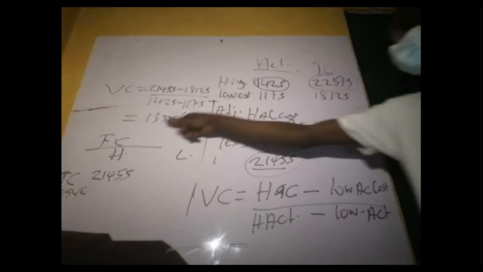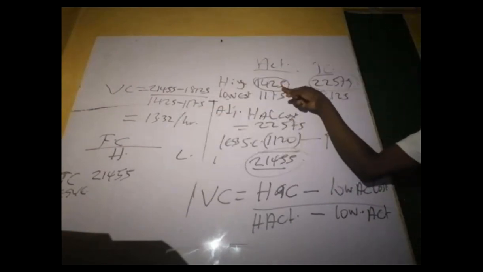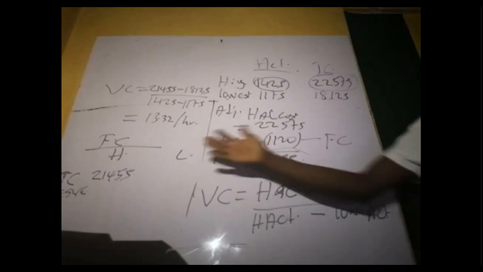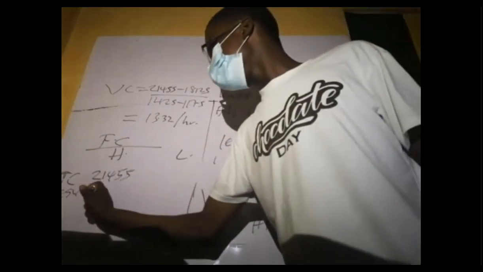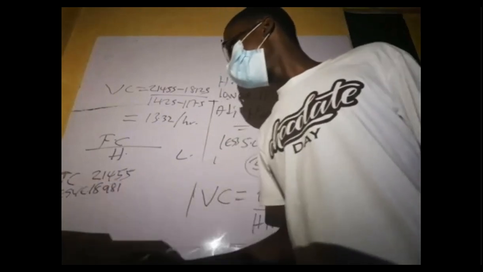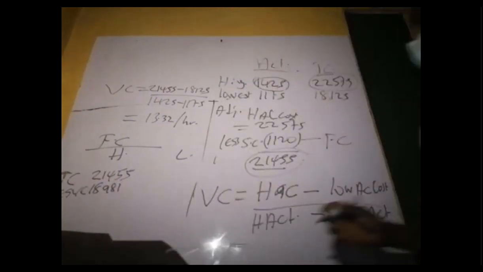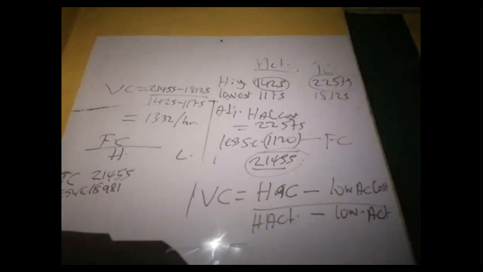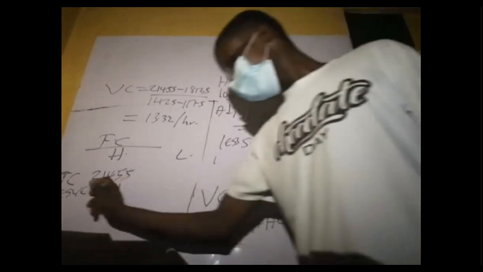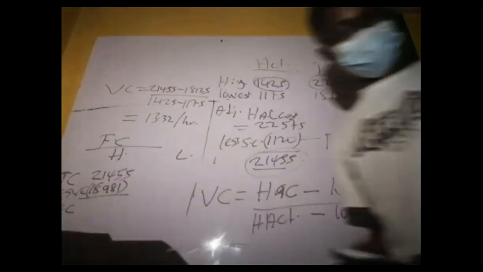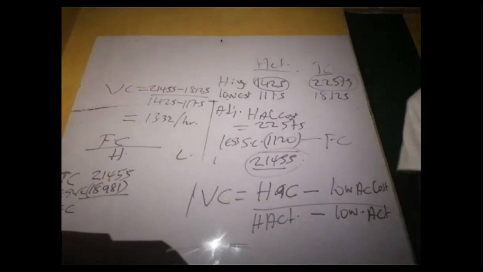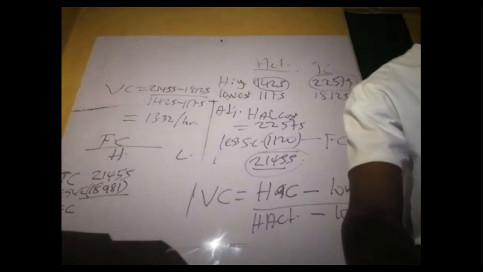Let's multiply this by this. The answer that we will get is 18,981. So now finally, what's the fixed cost here? 2,474.